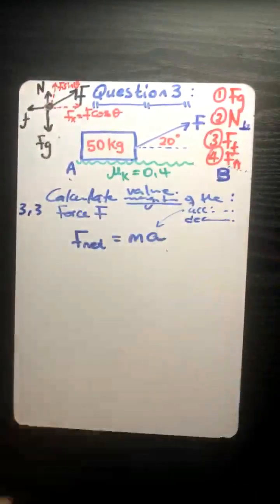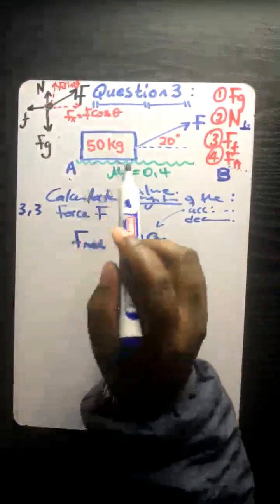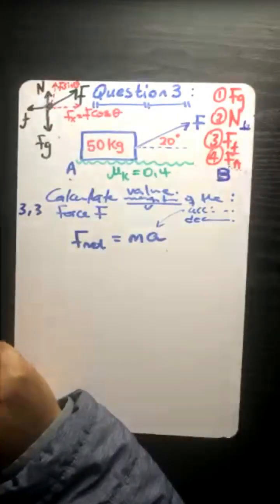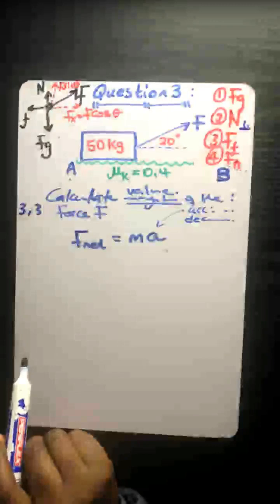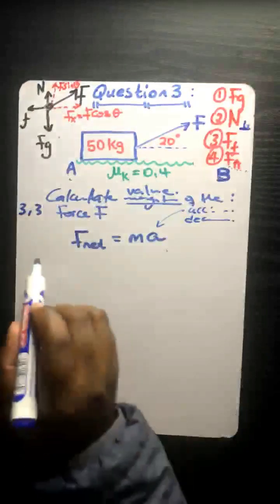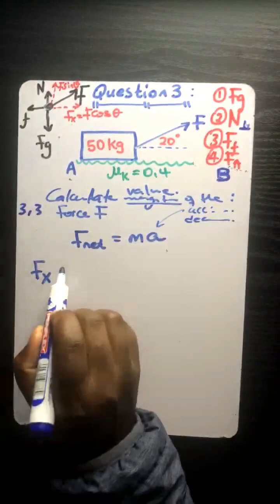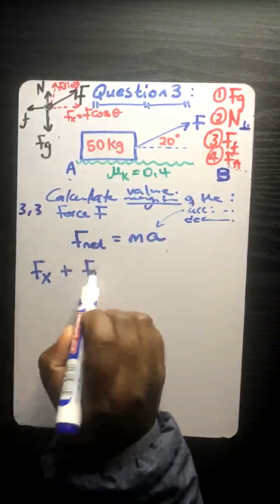So let's see. I've just explained that because the object is not moving vertically up and down, we only focus on the horizontal forces. What are those? We know that we have an Fx, maybe let's plus it with the frictional force.